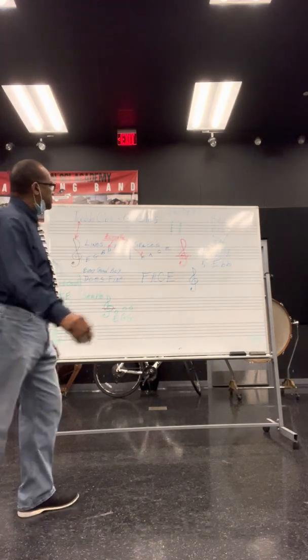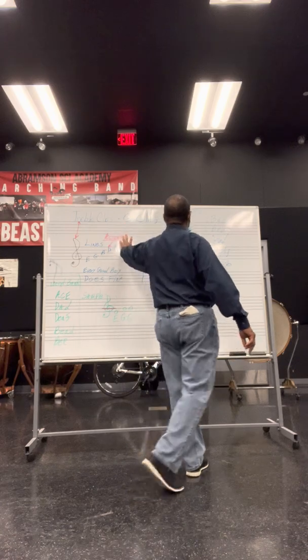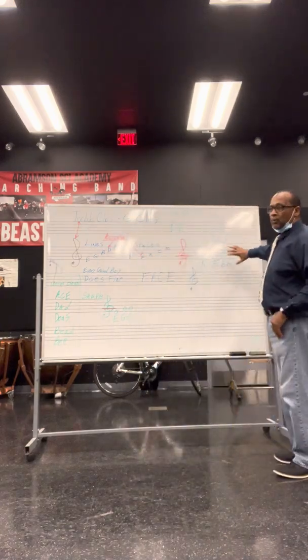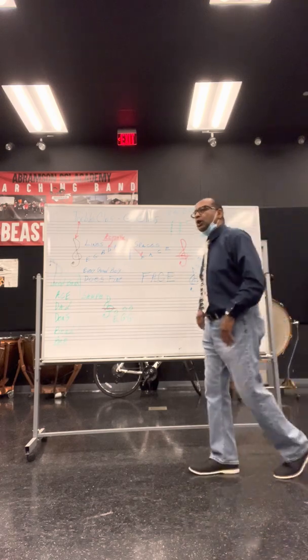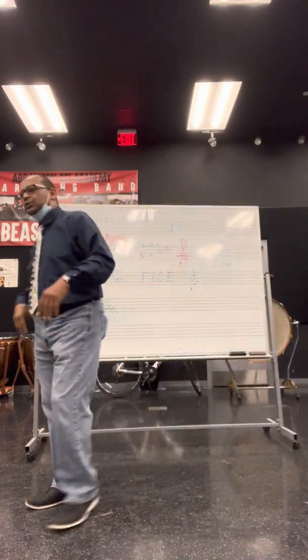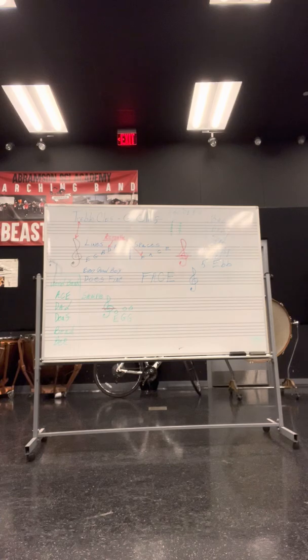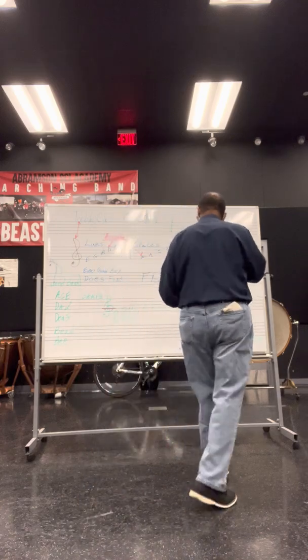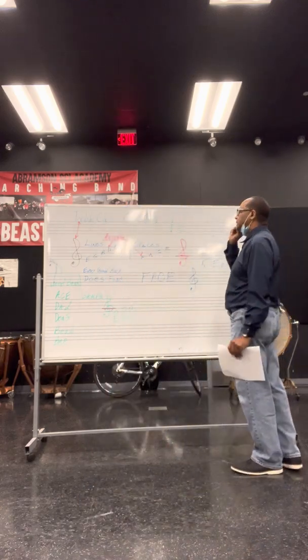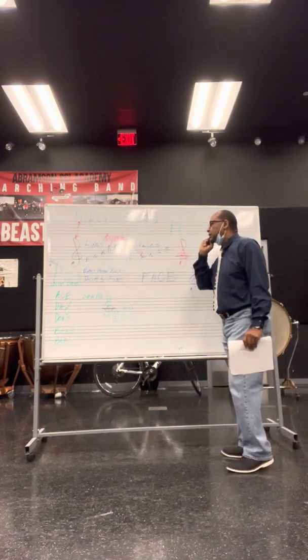The next thing. We did a little bit of the spelling already. This is going to be your homework, and that's another form of assessment to see how well you learned the lesson. I'm going to ask you 3 questions now. The letter name of the third line of the treble clef or G clef is. So what is the letter name?